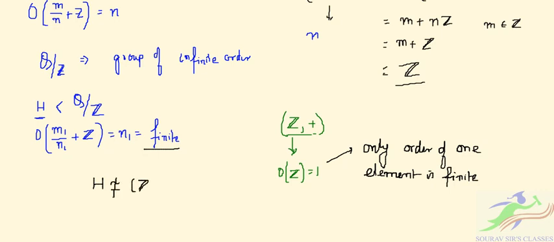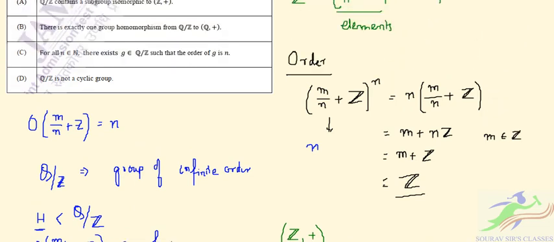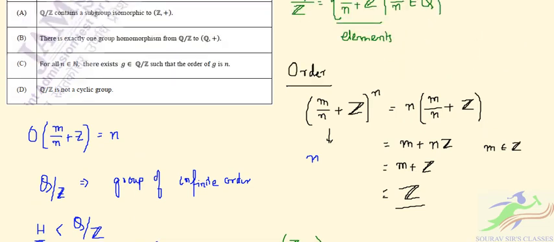So in our case, option A says it contains a subgroup isomorphic to Z plus, so this is actually the false option.